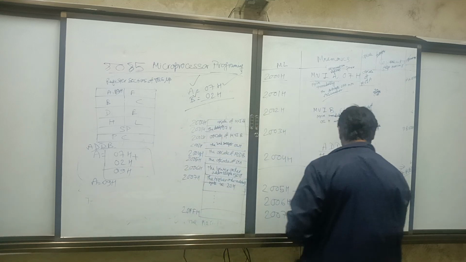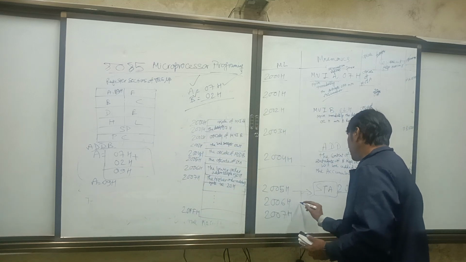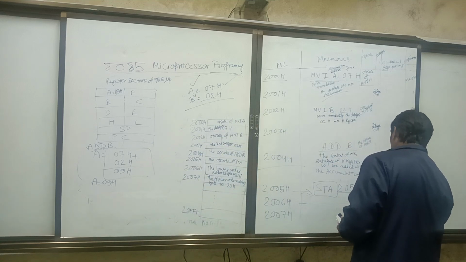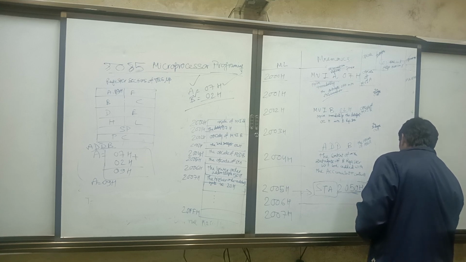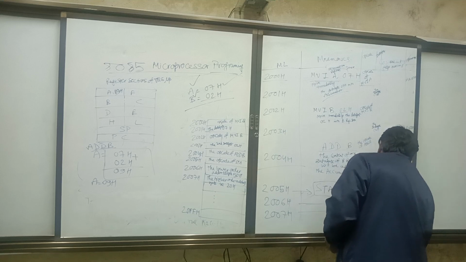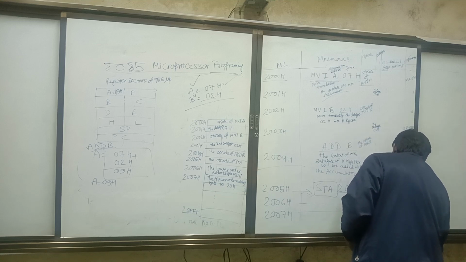So in 2006H it will be 50H, the lower address byte, and in 2007H the higher order address byte, 20H.